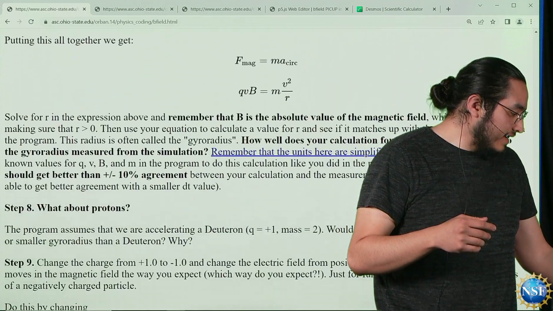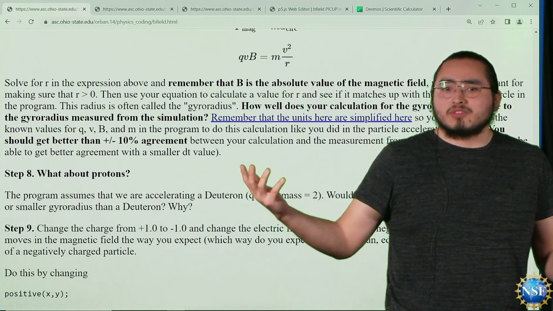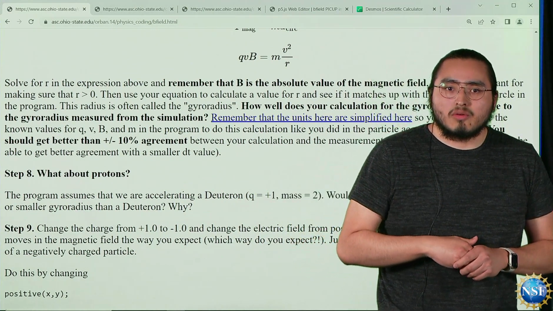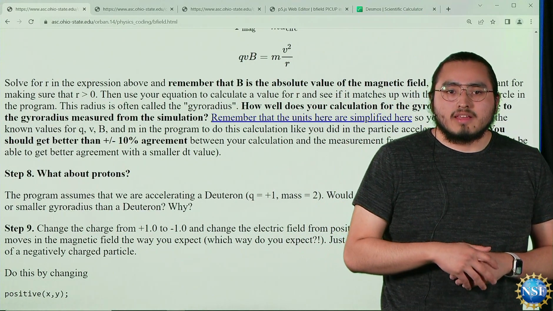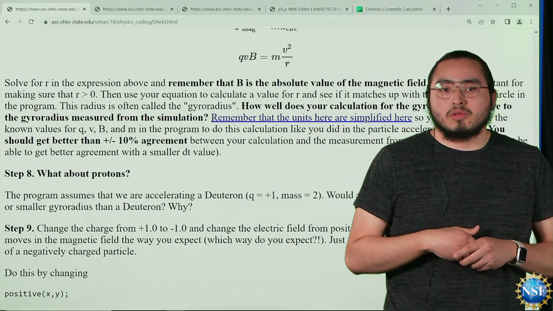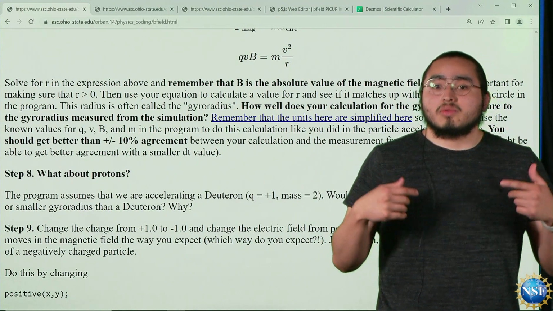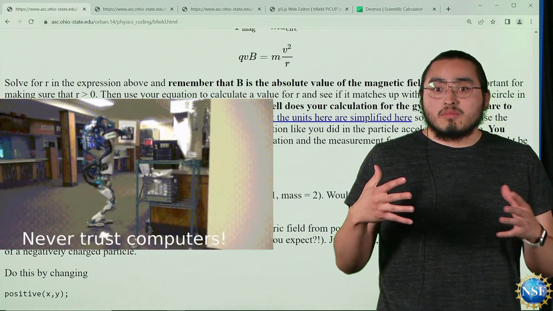What you'll see in that is that to get good agreement, somewhere within 10%, and when you go back and refer to that video, you'll see we get somewhere around, I think it was around 3.5%. Which is really good. It's a pretty solid agreement, and it's really important to always go back and find what the actual true value would be, because computers can be wrong.